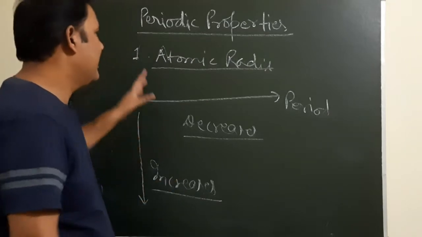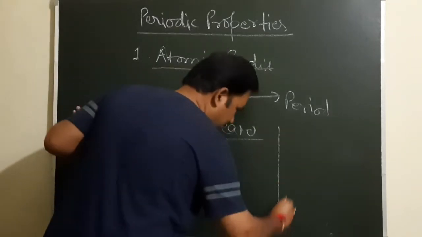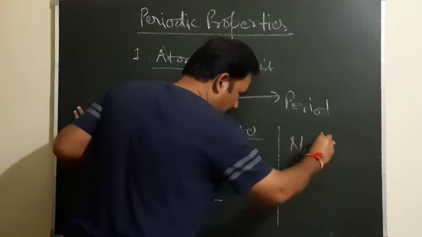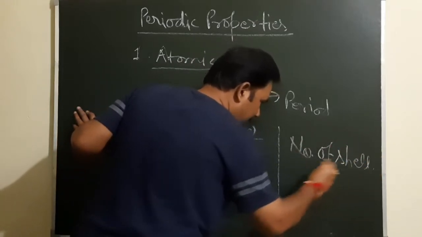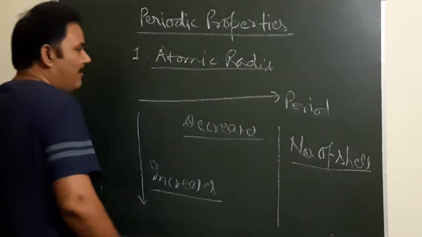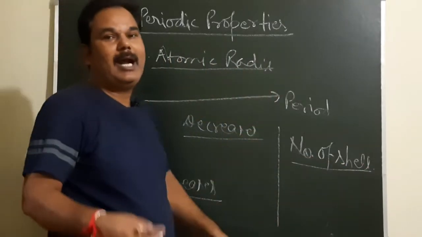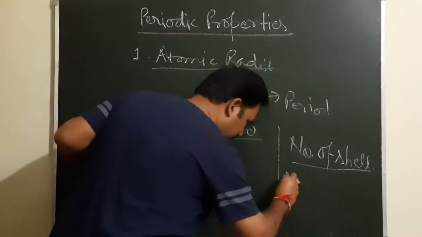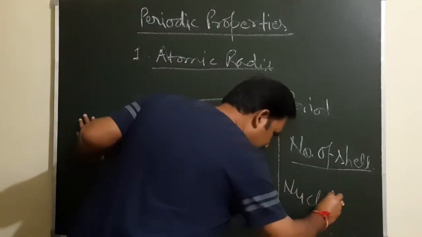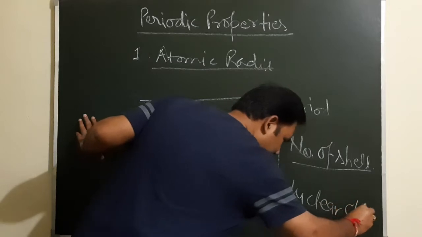What is the cause behind it? This is based on two factors. One is the number of shells. If the number of shells increases, then atomic radii increases. And the next one is nuclear charge.